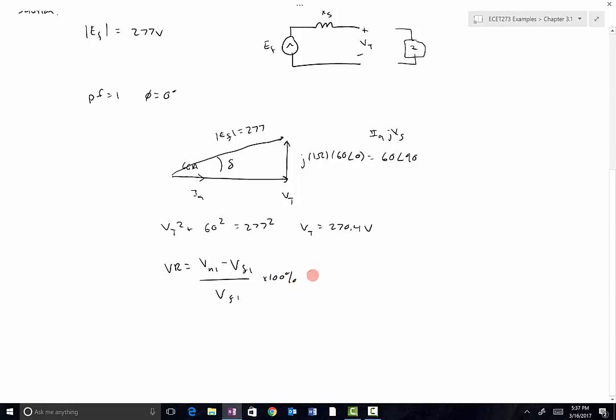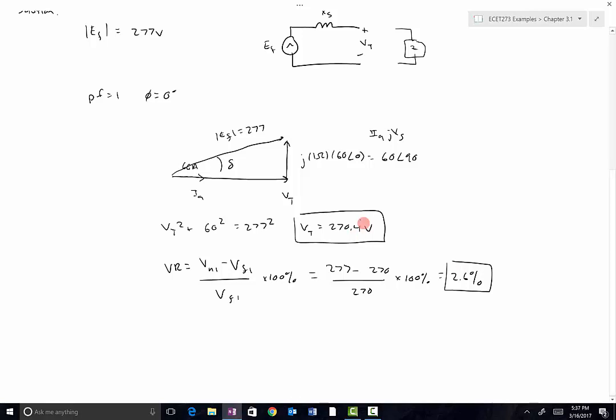V no load is just EF, so that's 277 minus 270, divided by 270, multiplied by 100. Clearly I'm doing a little bit of rounding here, but that's going to be about 2.6%. So we get a terminal voltage in the first case of 270.4, and a voltage regulation of 2.6%.